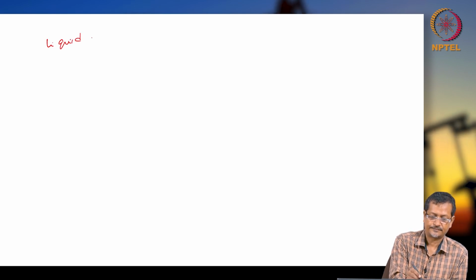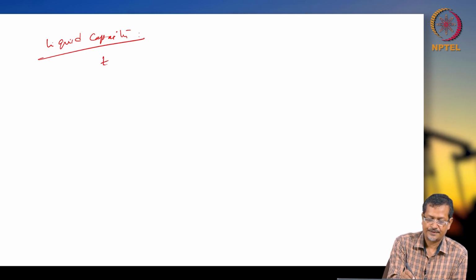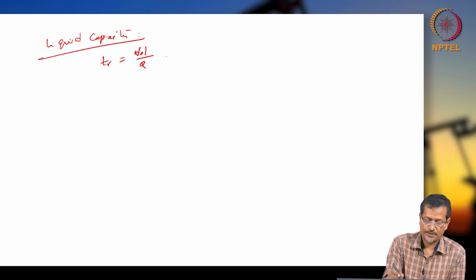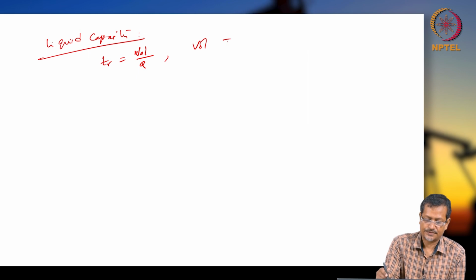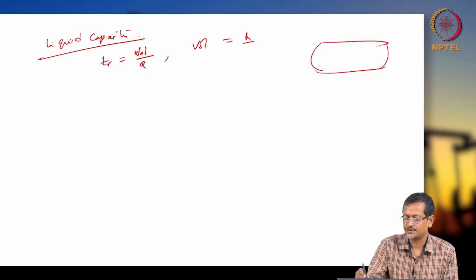Now for liquid capacity, the retention time Tr equals volume by Q. So the volume is equal to H by D, first draw the picture.